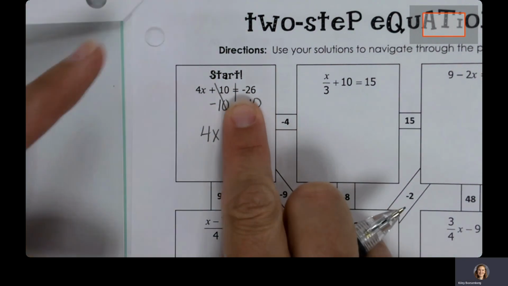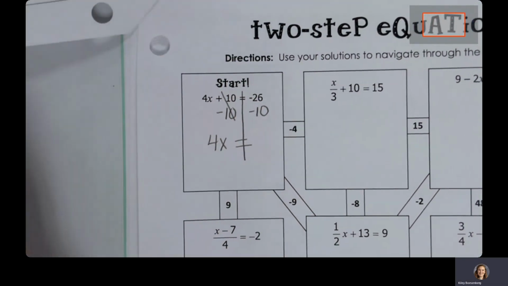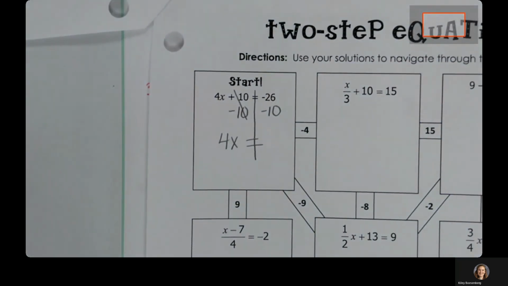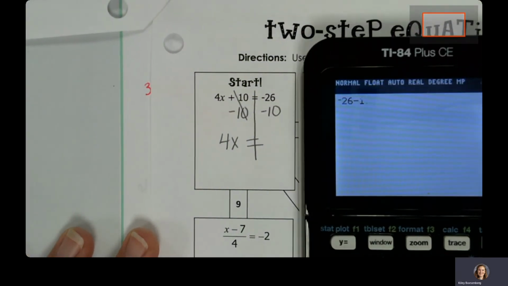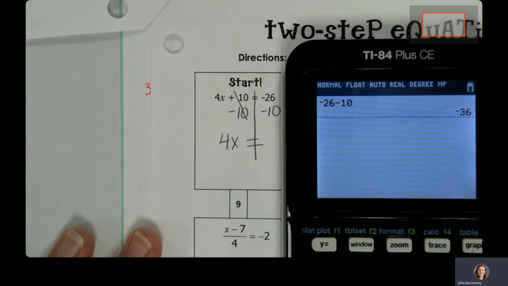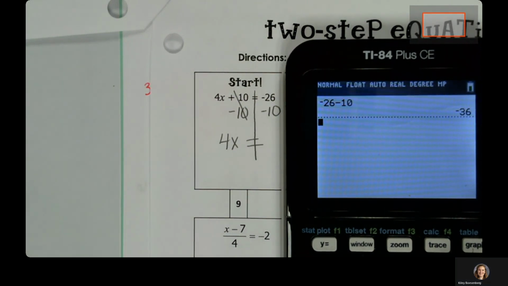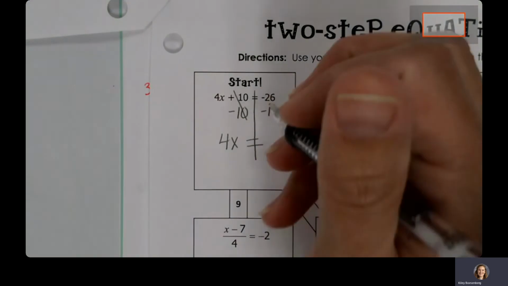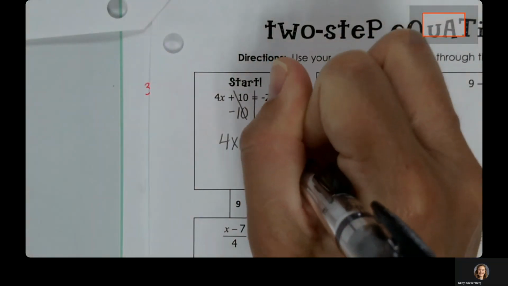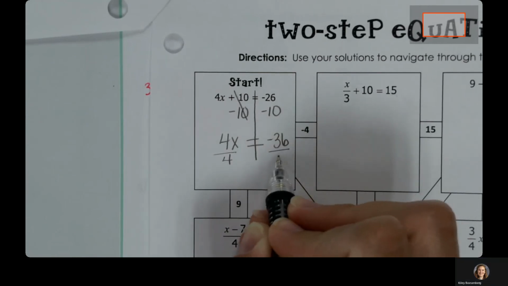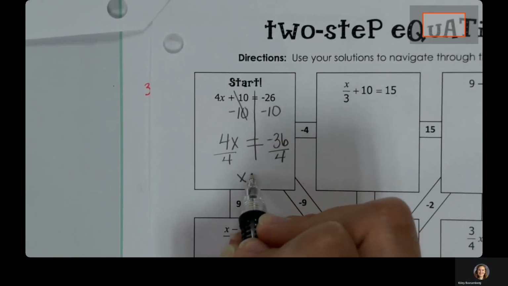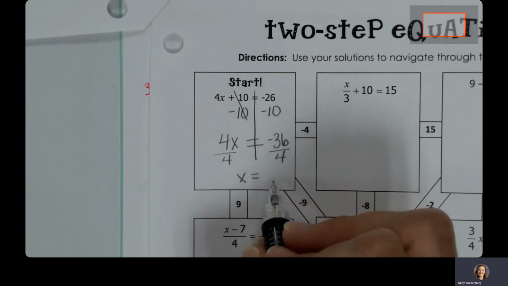Negative 26 minus 10. When you type that into your calculator, a negative and a negative gives you more negatives, so that's actually a negative 36. Especially if you're not great with negatives, it's okay. Just make sure you use a calculator. And then I'm going to divide that by 4. So negative 36 divided by 4.